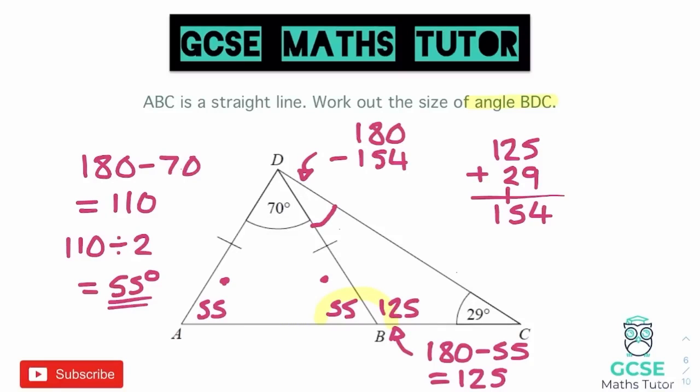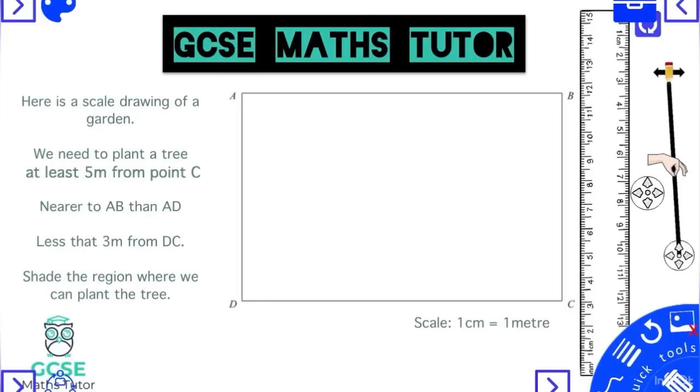And again, if you can do these mentally, that's absolutely fine, but we'll just do our written method for the purpose of this video. 10 take away 4 is 6, 7 take away 5 is 2, and 1 take away 1 is 0. So that final angle there is 26 degrees, and that is the final answer for our question, because there we have found angle BDC.